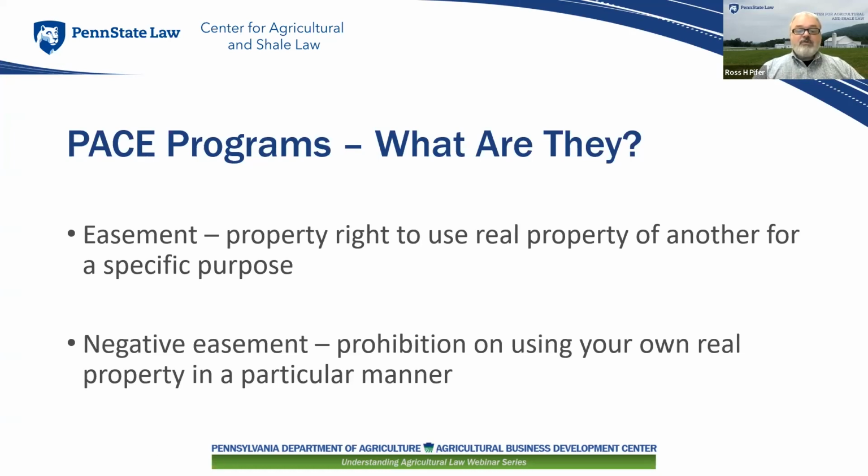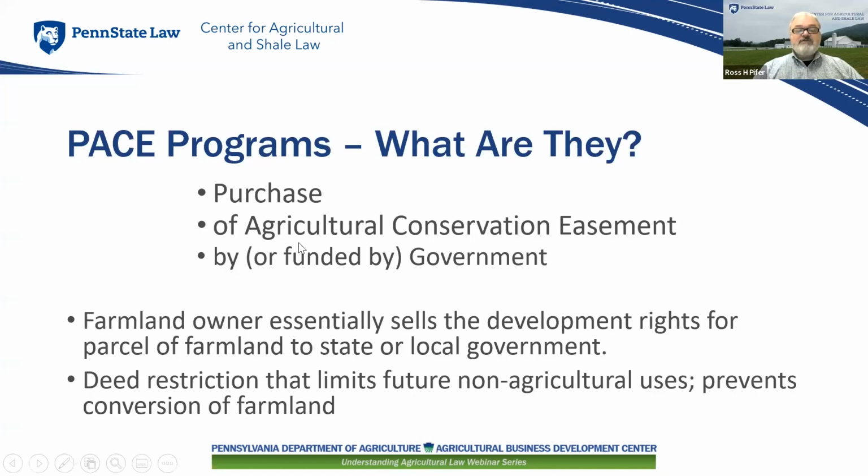You are prohibited from doing something on your property, and the landowner is voluntarily agreeing to impose this prohibition on a particular use of the property. So it's a purchase of an ag conservation easement, either purchased by the government or a government entity, or funded by the government.